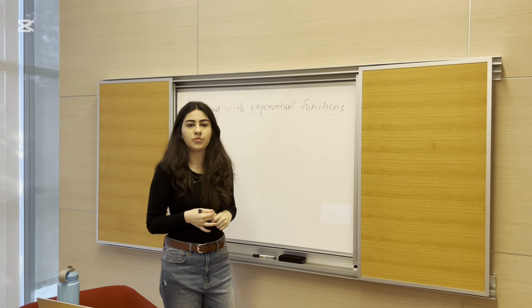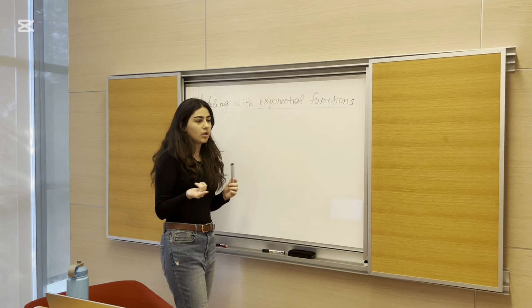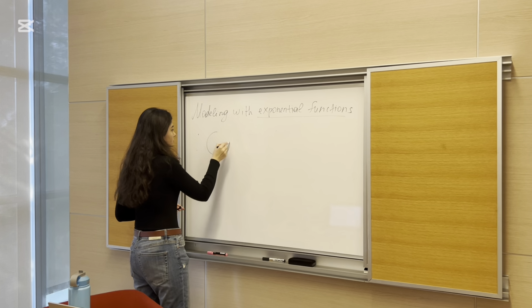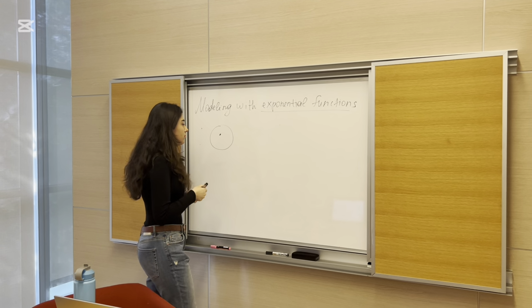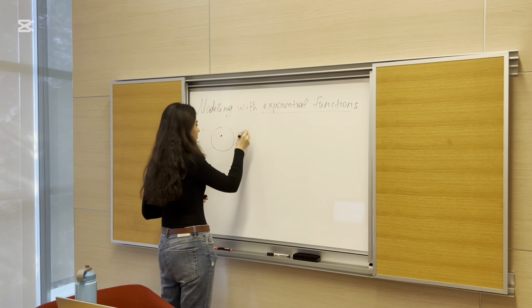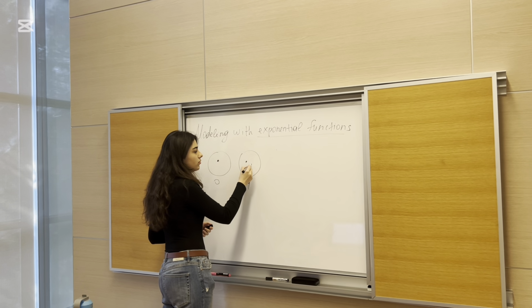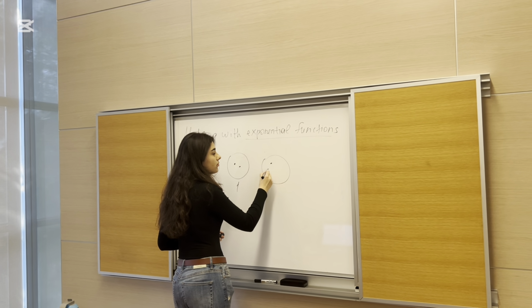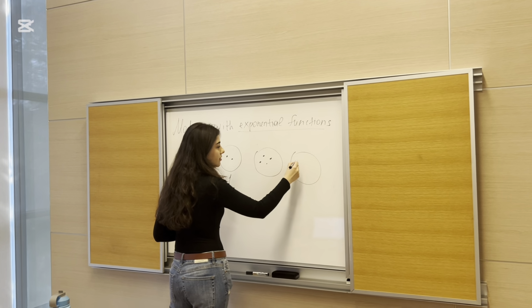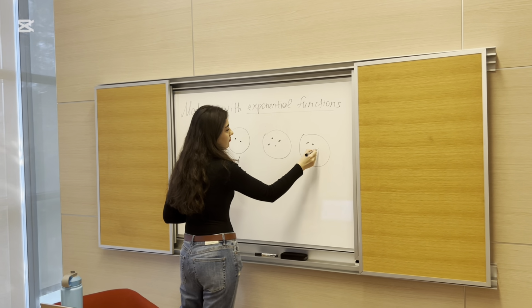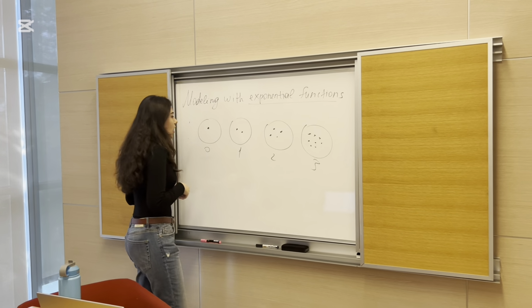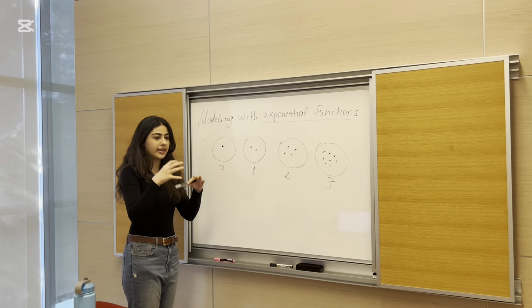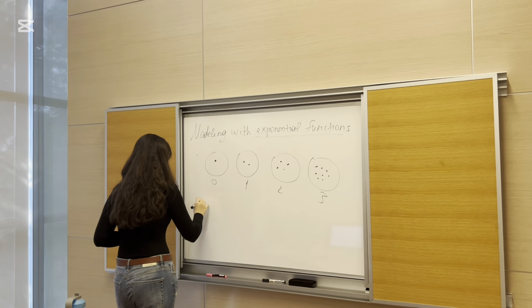Let's imagine that we have one single bacterium, and it doubles every hour. So now it's just one bacterium, then after 1 hour it's 2, then 4, then 8, and so on. How could we write this as a formula? It's simple.